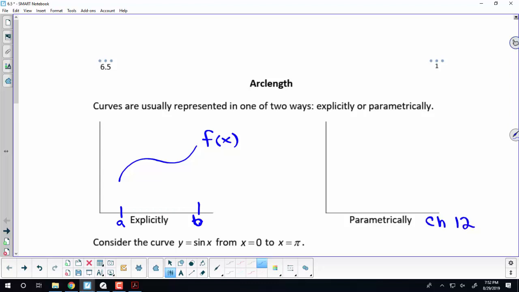These can vary. So what's the length of that parametrically defined curve? We'll look at that in chapter 12 as well.